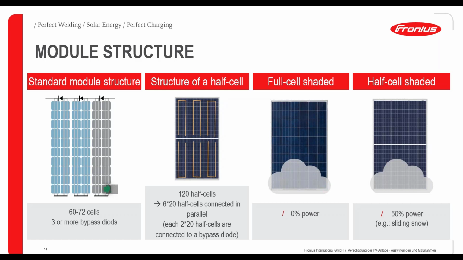With the half cell, the same area of shading, it would mean that we have still 50% of output power due to the sliding snow. The reason is just the bypass diodes are cutting the bottom half of the half cell module, and the top part is still producing with full power, in this case 50% of the total.